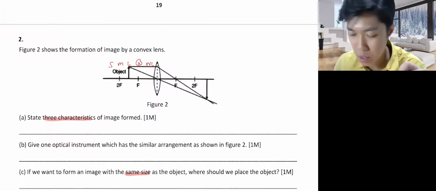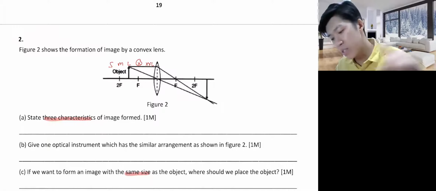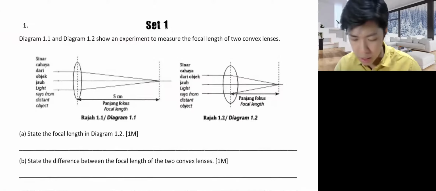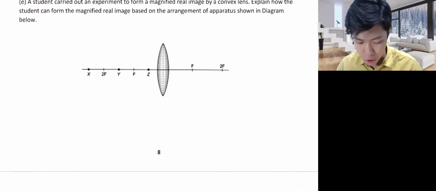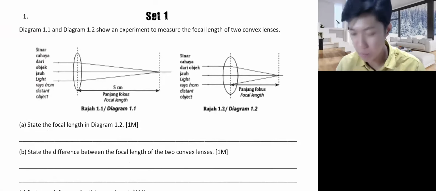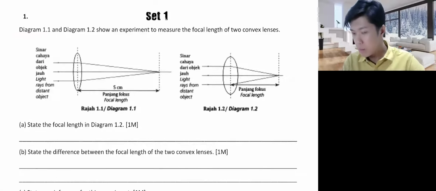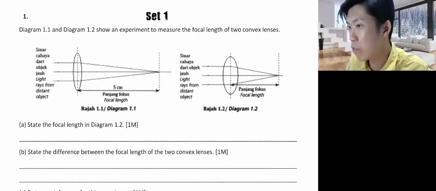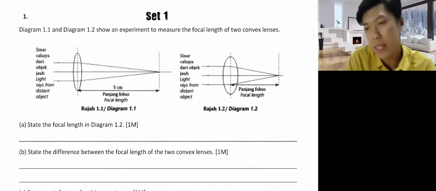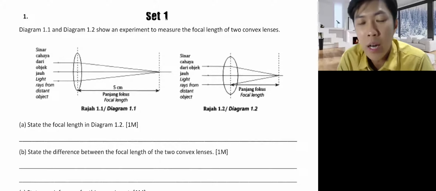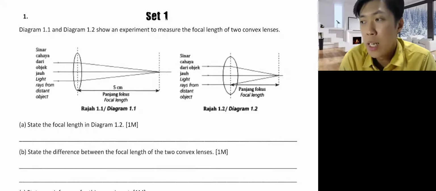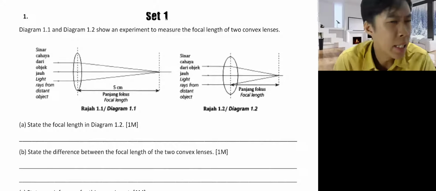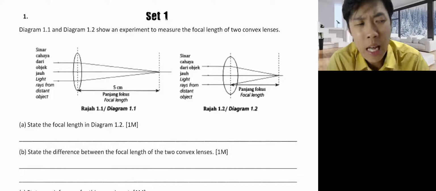All right, next we will go back to the first question of the exercise. Please turn to page 8, everyone. Okay, page 8, back to the first question. This is another type of lens question, testing on their thickness.